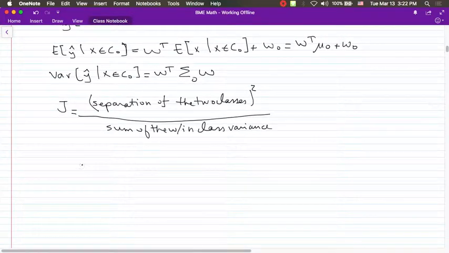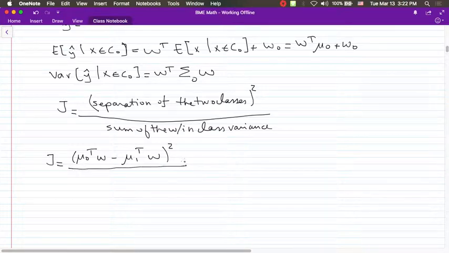So what this means is take mu0 transpose W, the mean of the first class, minus the mean of the second class, projected onto this W, which is that axis that we're going after. We want to know what this axis should be. The distance between the means divided by the sum of the within class variance.